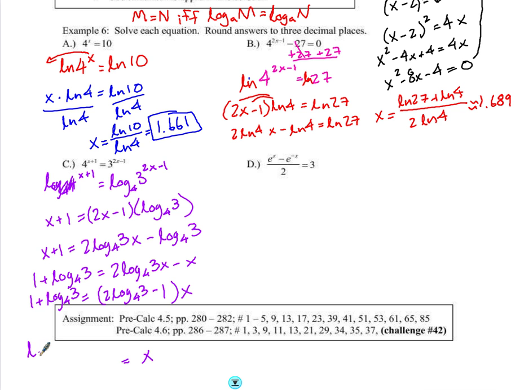So when I put that in my calculator, I get an approximate value. Let's plug that in.